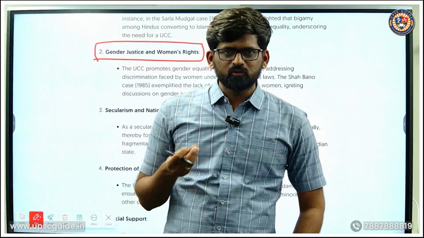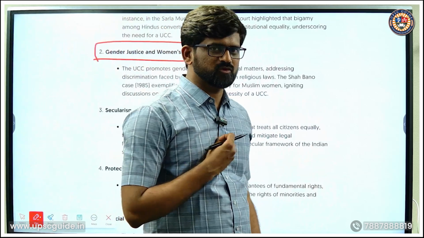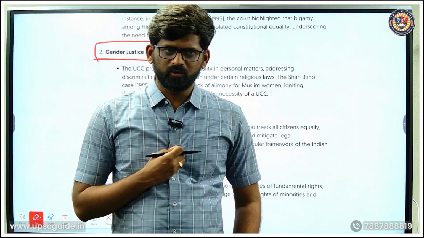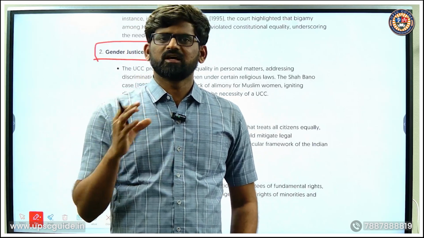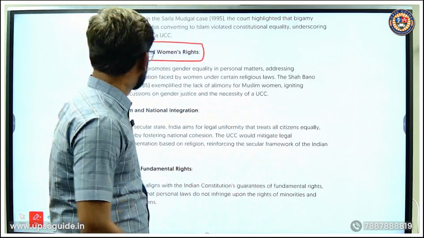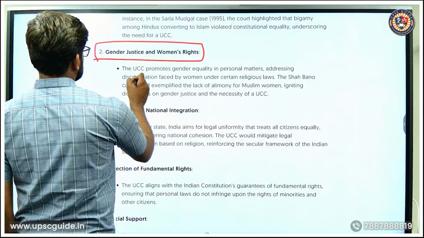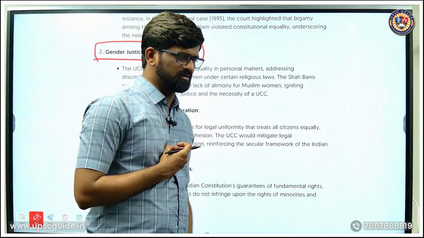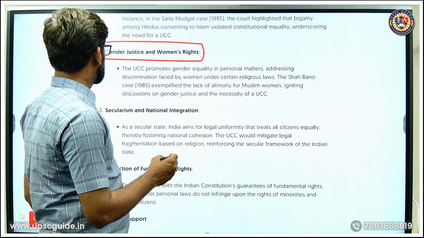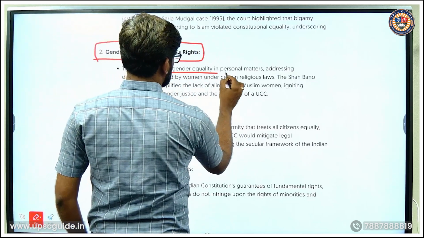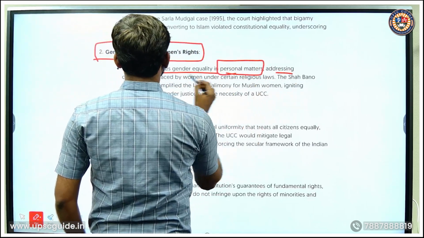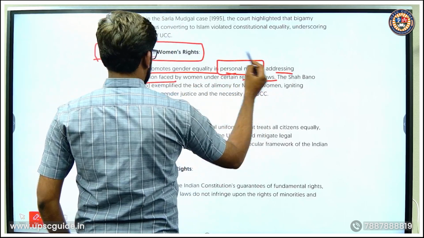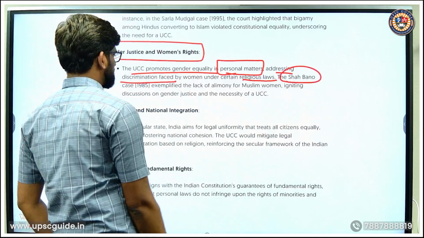What the secular UCC tries to do is to liberate women, giving equal status to women irrespective of what the religion says about women. So gender justice and women's rights is one of the most important significances of implementing UCC. UCC promotes gender equality in personal matters, addressing the discrimination faced by women under certain religious laws. For example, the Shah Bano case, all of us are aware of it.